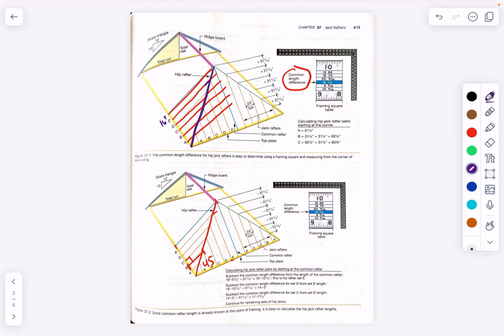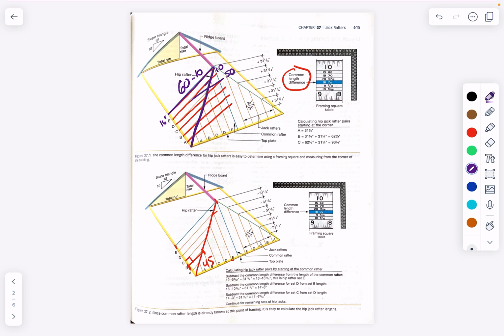Let's call the common length difference 10 here. This original common, let's call it 60, so this one measured 60 inches. Because we're working on this 45, the next common, now a jack because it's tying into the hip, is 10 inches less than the common, so it would be 50 inches.